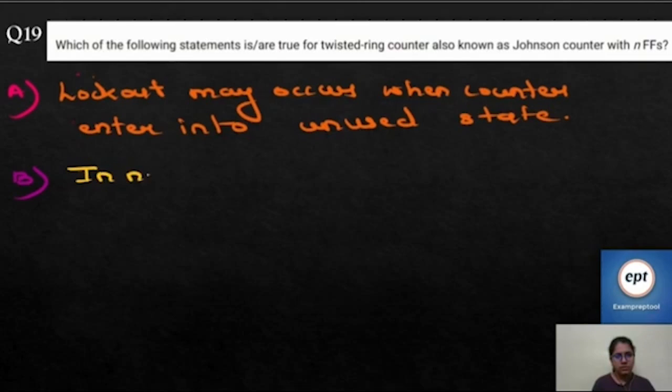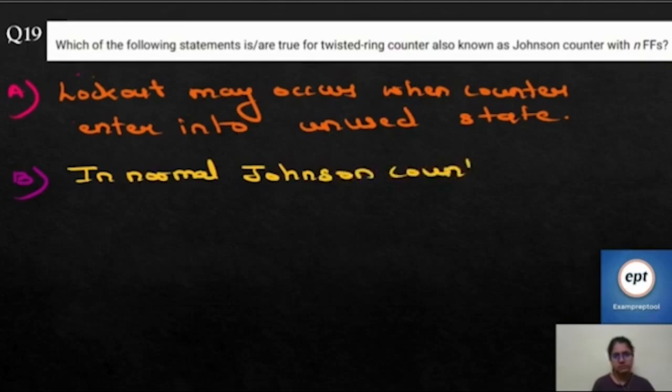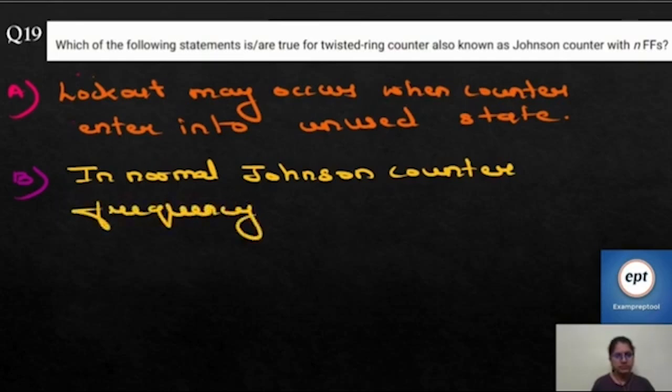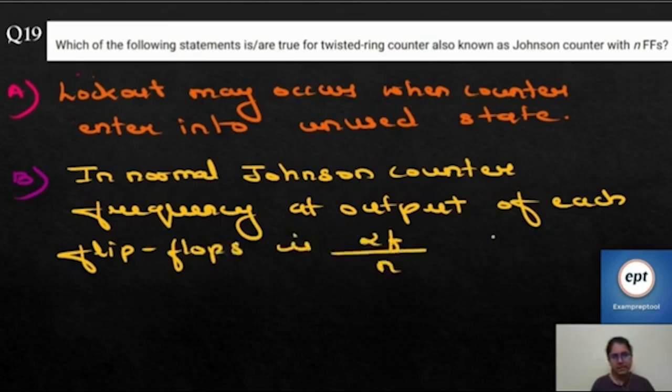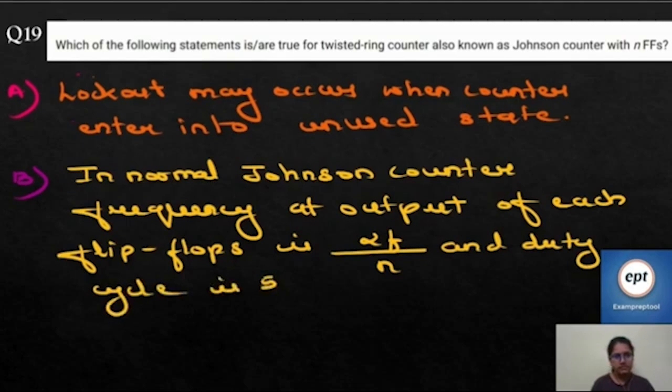The second one is: in a normal Johnson counter, the frequency at the output of each flip-flop is 2f by n, and the duty cycle is 50%.